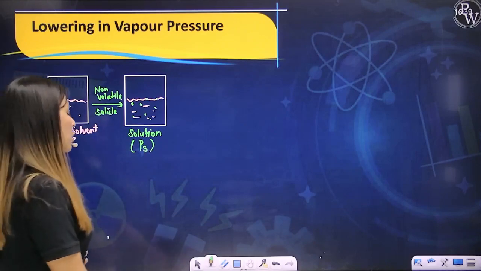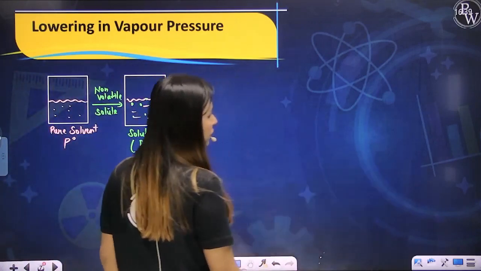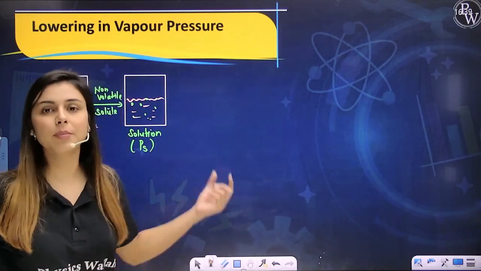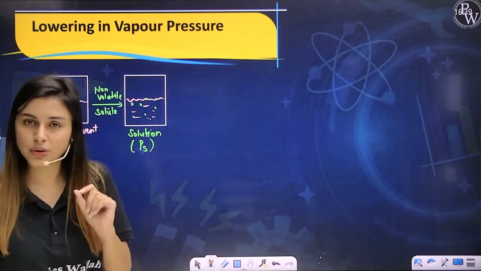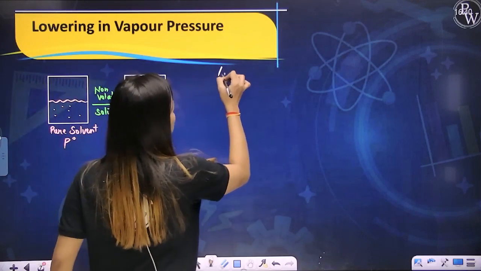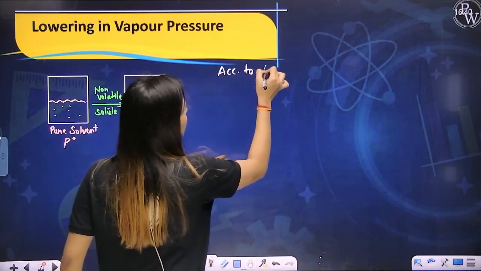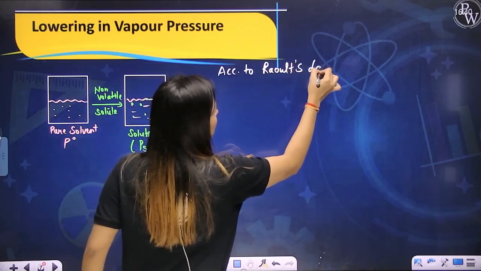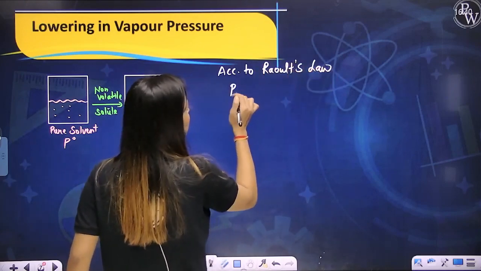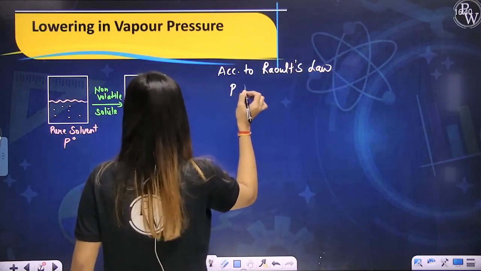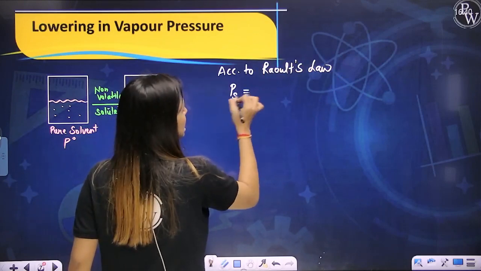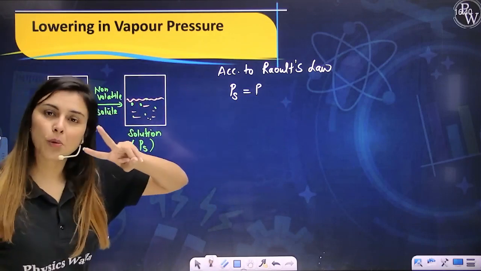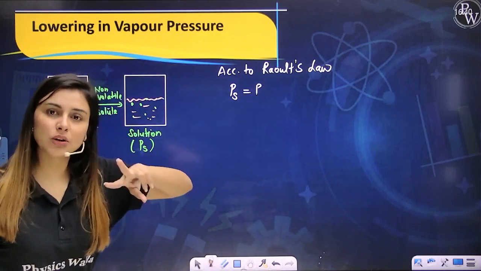Now, my dear students, how are we going to calculate the vapor pressure of the solution according to Raoult's law? We know that PS is equal to the vapor pressure due to solute plus the vapor pressure due to solvent, since you have two components, a solute and a solvent.